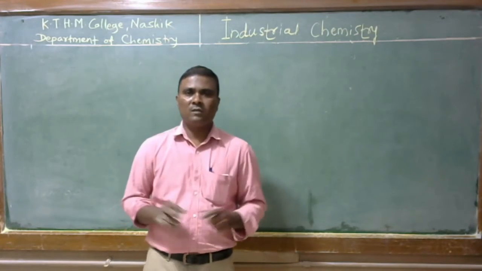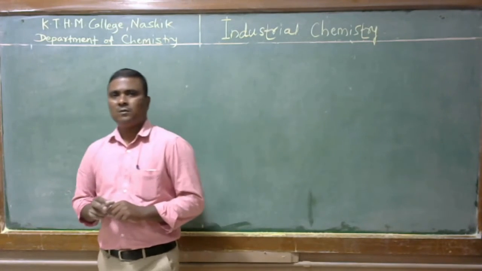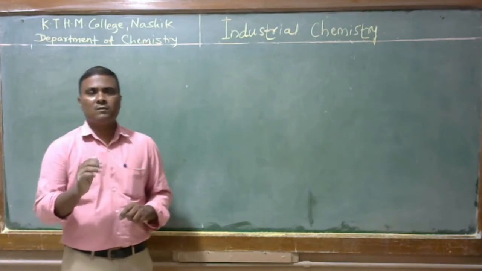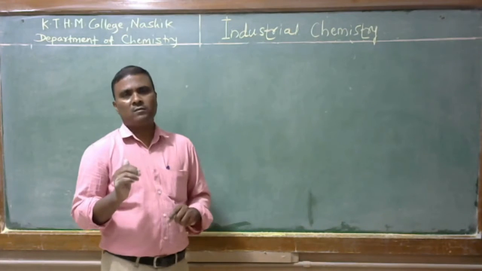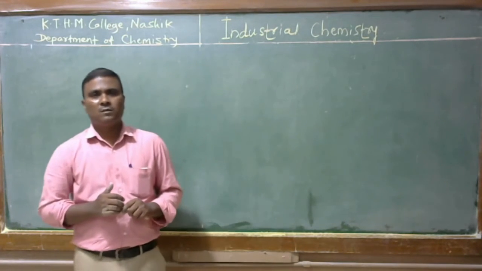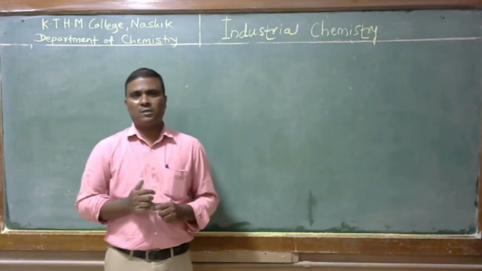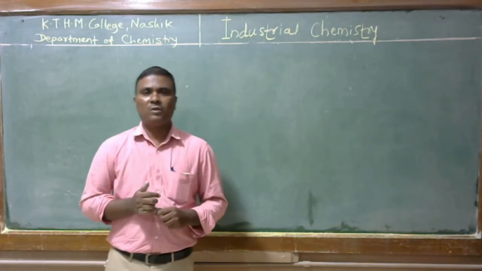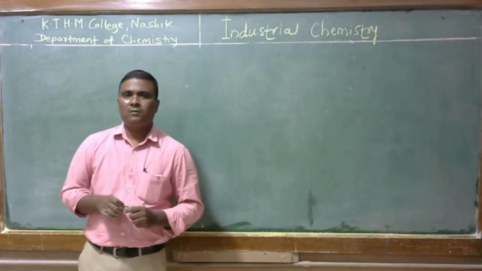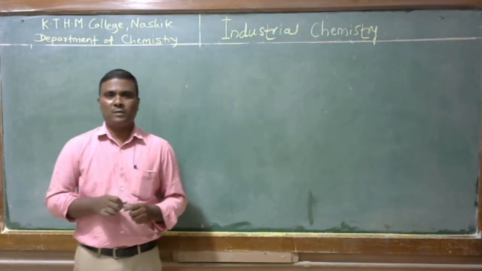So this is the working of the batch process and continuous process, and by considering this, we concluded that the continuous process is economically more profitable than the batch process.